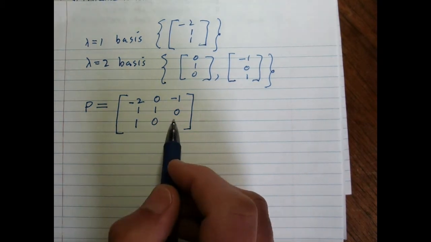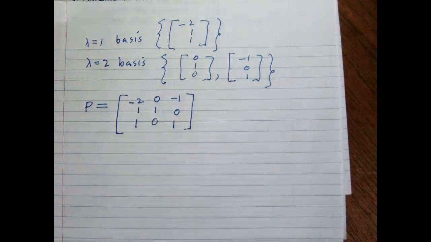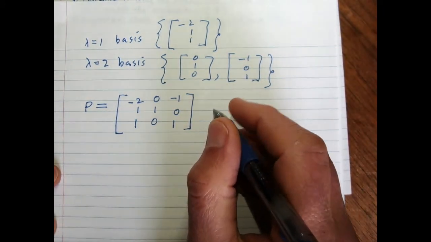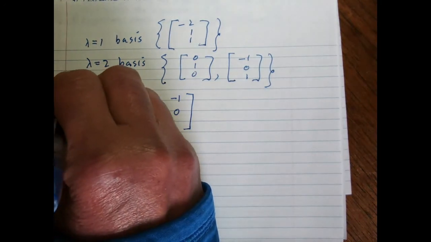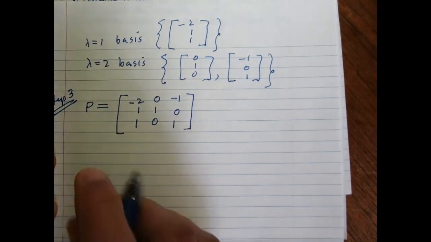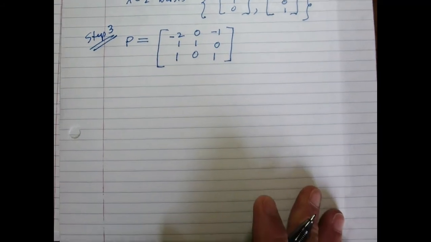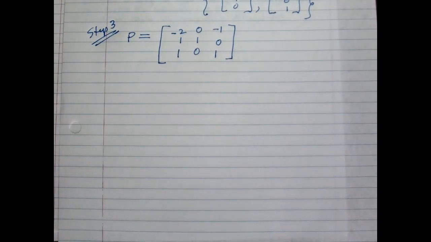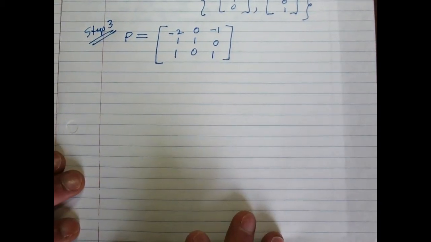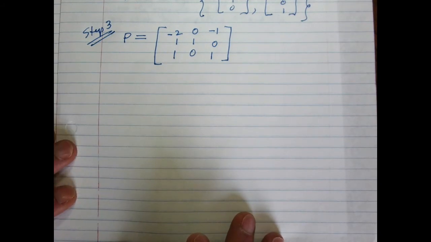If these 3 vectors weren't independent, we'd be in trouble. So that's our step 3, and really we're just writing down the matrix P, using the basis vectors for the eigenspaces.